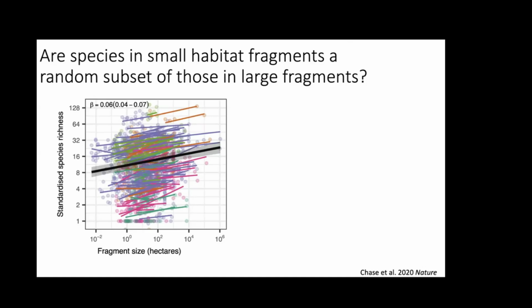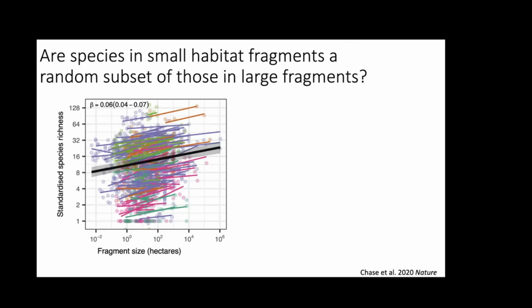You'll forgive me for not putting that on the plot. And you can see, the odd line actually shows a different relationship. Some of these lines look fairly flat. Some of them, I can see the edge of one that is even negative. But on average, we see this positive relationship between fragment size and species richness.